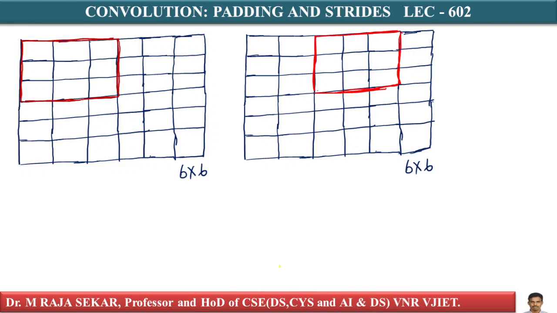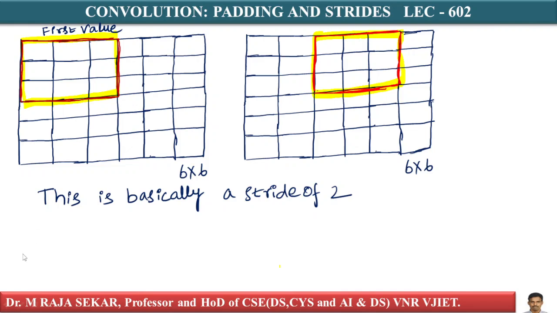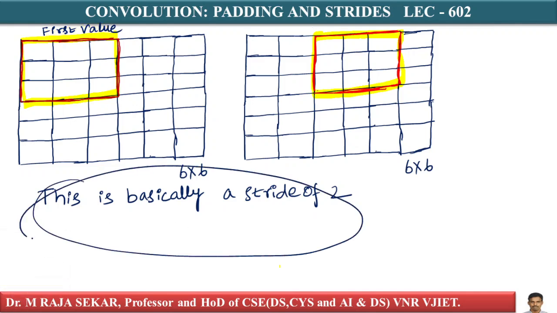This one is my first value, and again I must shift it by 2 units. You are shifting this window by 2 units. That's why this is basically a stride of 2.